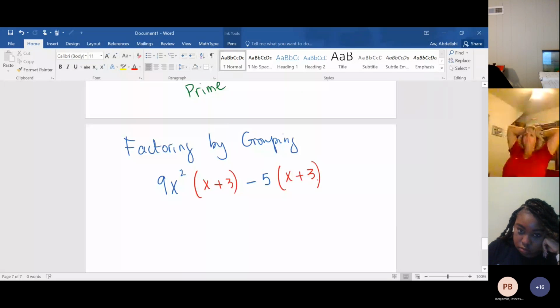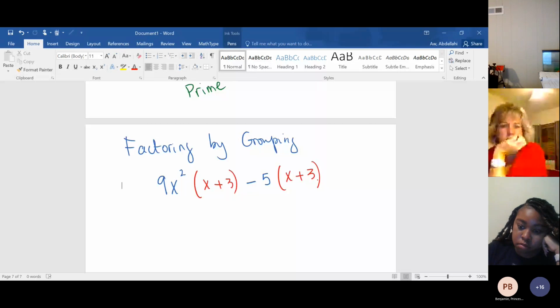Look at this expression right here. Of course, this expression does not quite look like the one we did before, right? But look at this. Do you see something that is common to both terms? X plus 3. Something wearing red. It's x plus 3, right? X plus 3 is common to both terms.